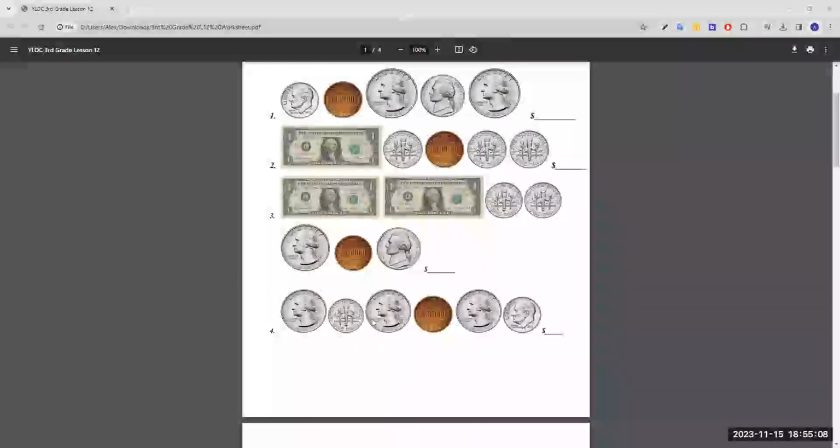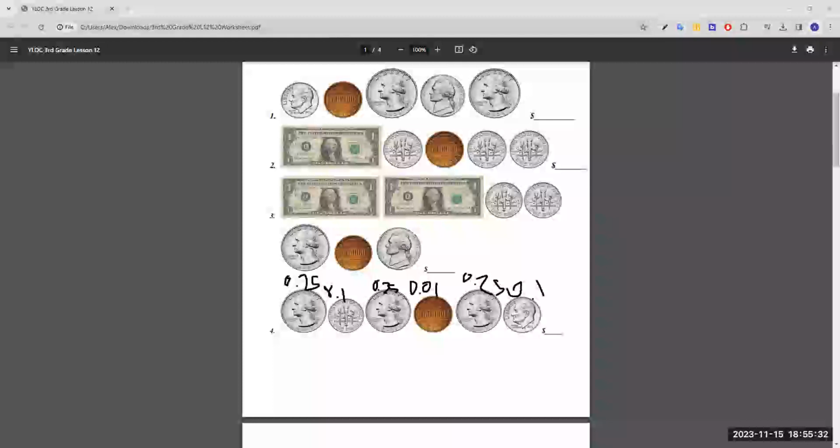Number four, we have 3 quarters, 1 dime, 2 dimes, and 1 penny. So the quarters are 0.25. Dimes are 10 cents or 0.1. And the penny is 1 cent, so 0.01.